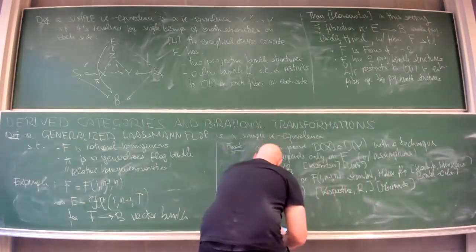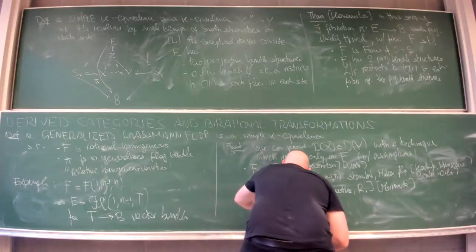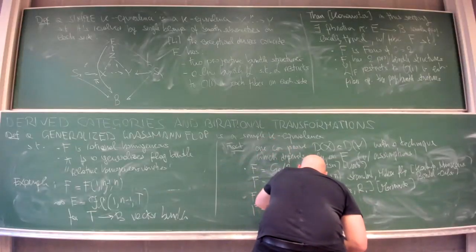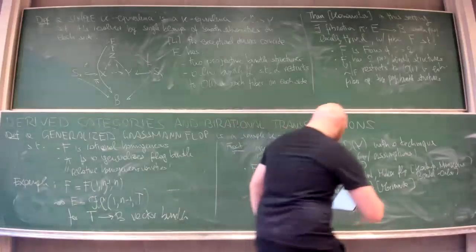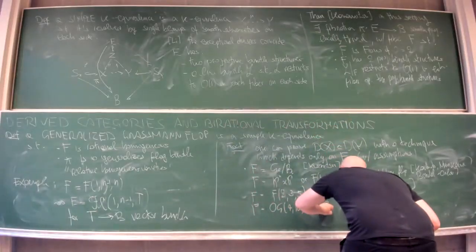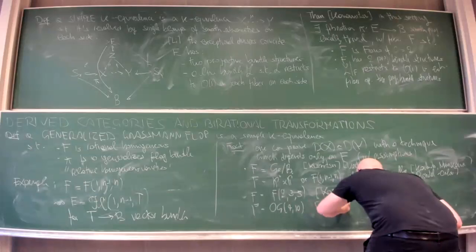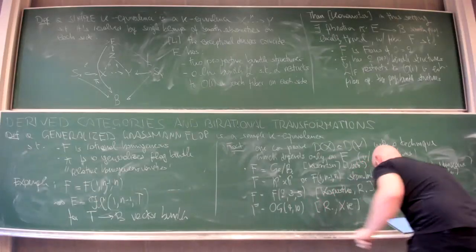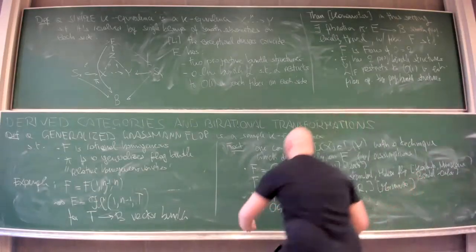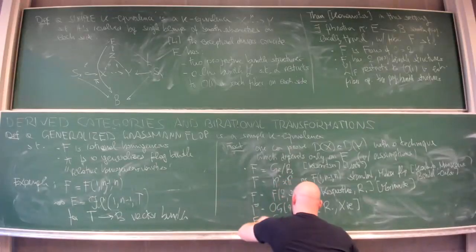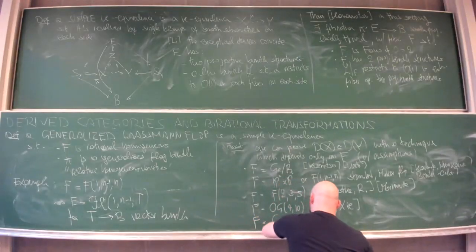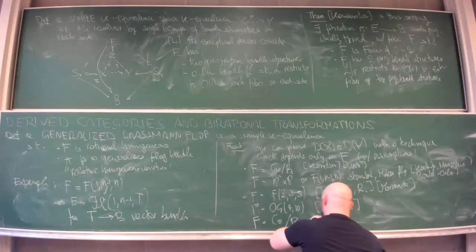Then if you take F to be the orthogonal Grassmannian OG 4,10, it's just another homogeneous variety. Then you have it by the paper of myself and C. Okay. And the last case we know is C2 mod P12.